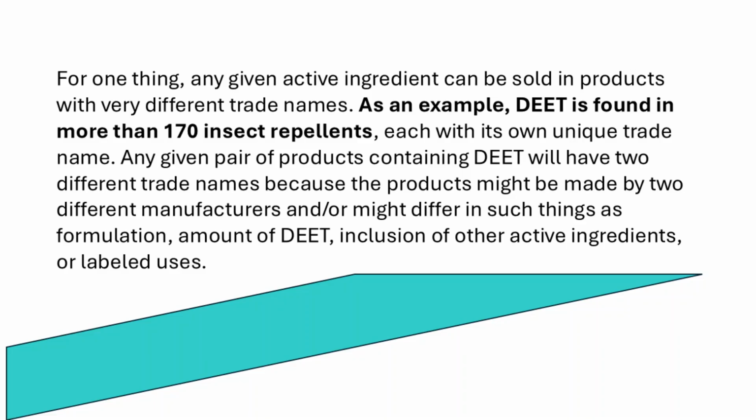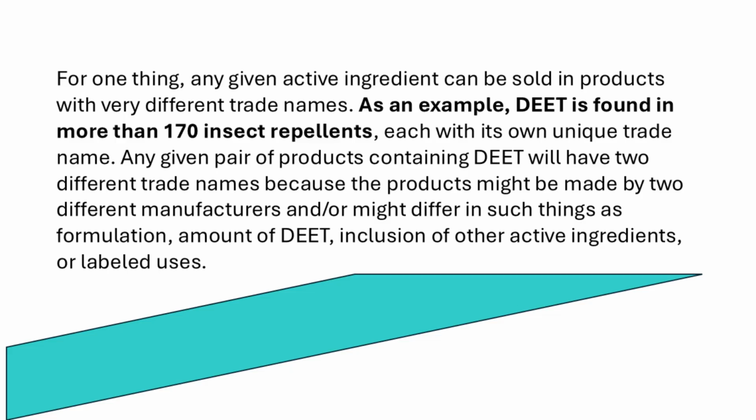Any given pair of products containing DEET will have two different trade names because the products might be made by two different manufacturers and/or might differ in such things as formulation, amount of DEET, inclusion of other active ingredients, or labeled uses.